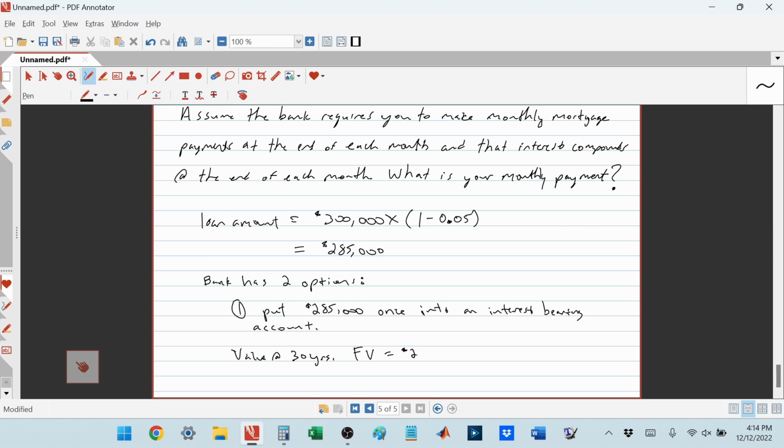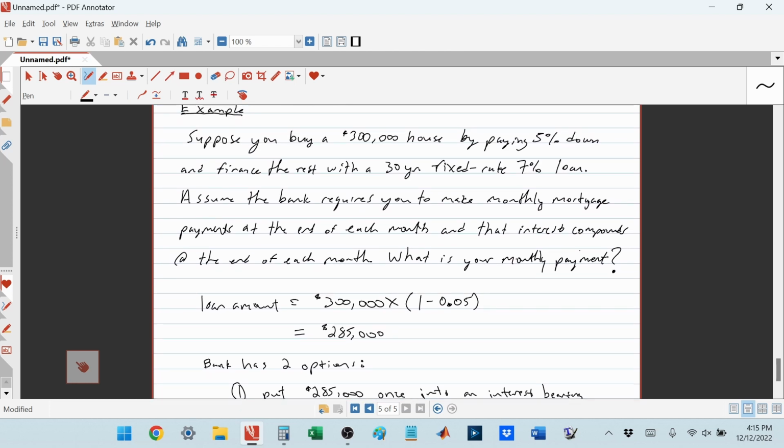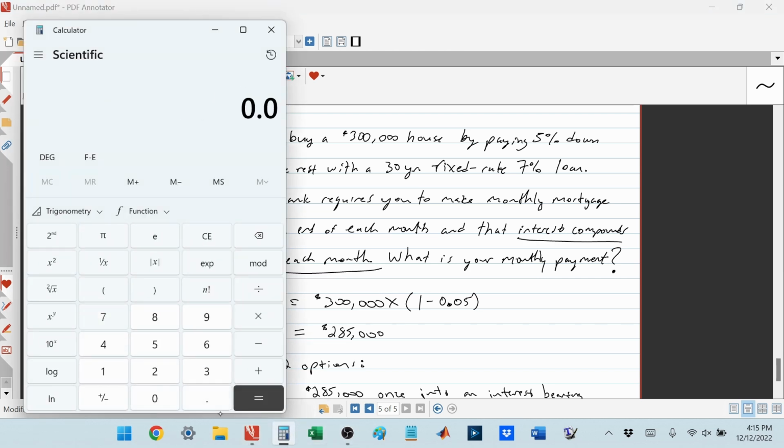It would just be $285,000 times 1 plus R. Now R here in our formulas is the interest rate per compounding period. So the interest rate they've given us is 7%, but they say interest compounds monthly. So the interest rate per compounding period is this, 0.58%.